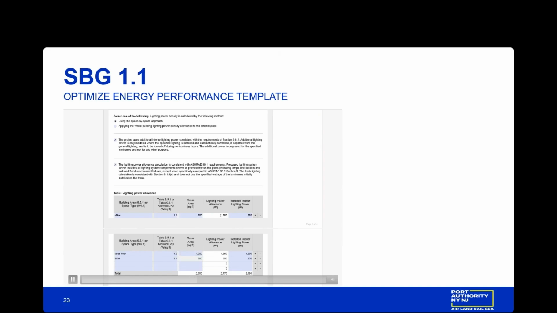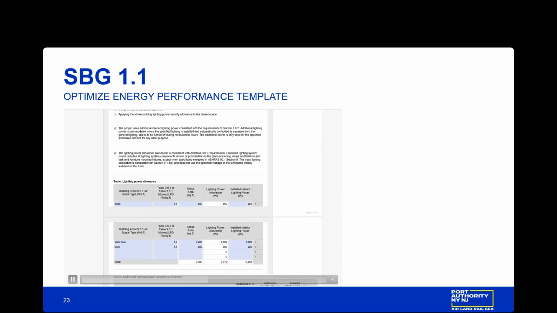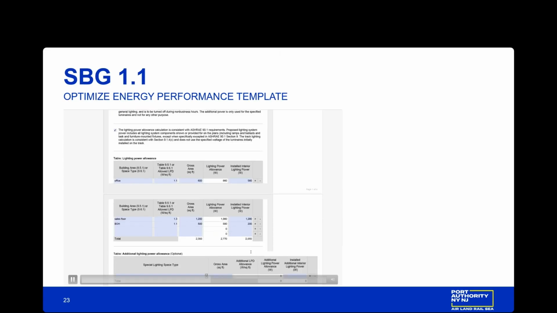So let's say you've put in 11 fixtures at 60 watts each, then that gives you 660, and then this will automatically calculate the installed lighting power, and then it will compare the installed lighting power against the allowed lighting power, and then it will make a determination as to what the percentage of improvement is.